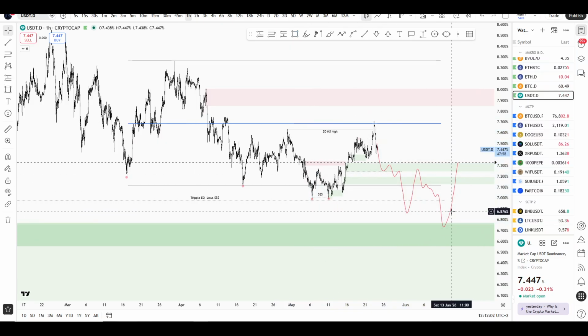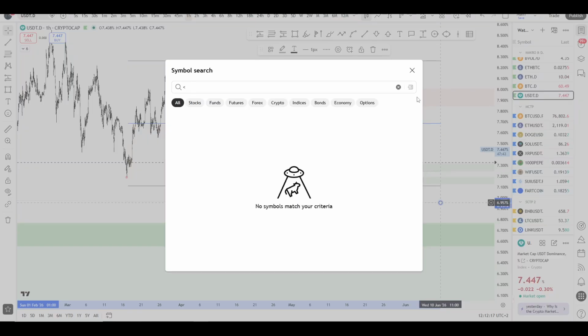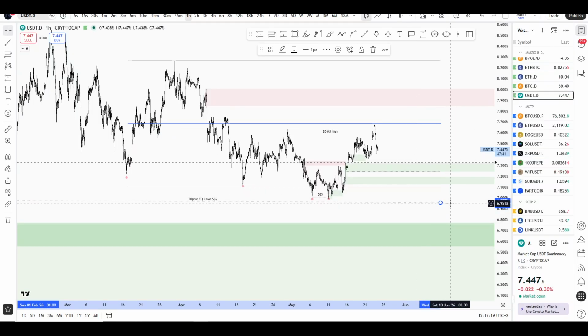But it's still early, and we have to still look at price action, adjust, and keep staring at the charts, preparing, adjusting, and then the proper setup will come.